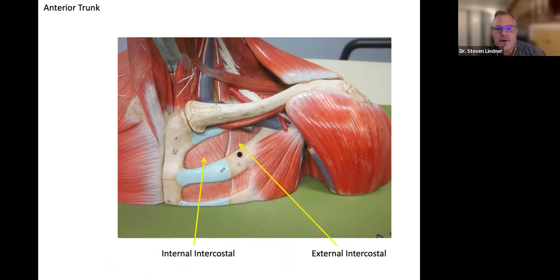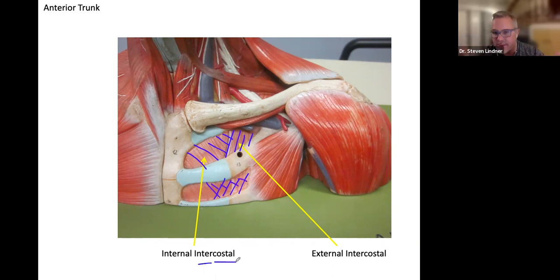Now, here are the ribs, and then we can see the intercostal muscles. We have the external intercostals. If we look at these fibers, they run this way. And then the internal intercostals run almost perpendicular to those. External, because they really are more external in relationship to the deeper internal intercostal.